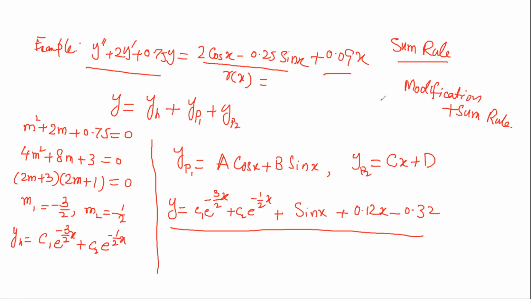Later on, maybe we will come across some questions where you will have to apply both the modification rule and the sum rule. Of course, the sum rule is quite simple, we just have to add up these terms, and for the modification rule, we have to see whether there is any commonality between the left hand side and right hand side. Okay, so that's what I wanted to discuss.